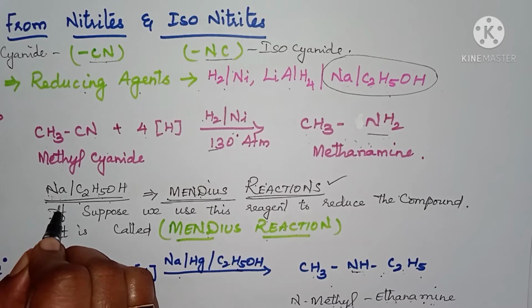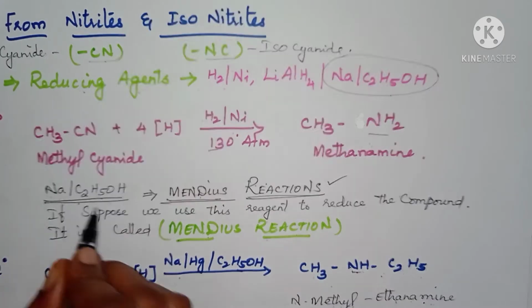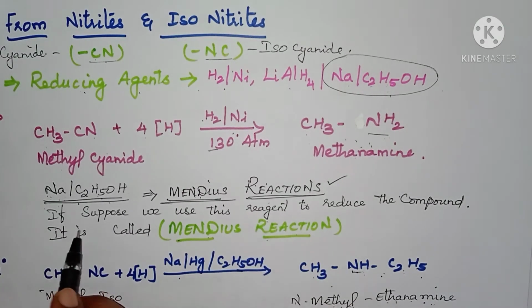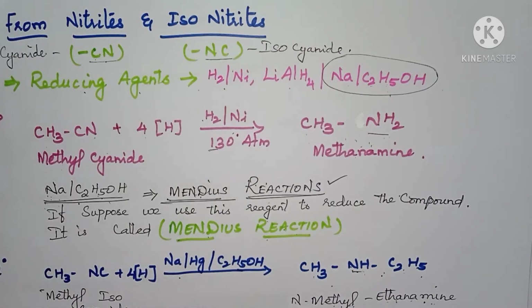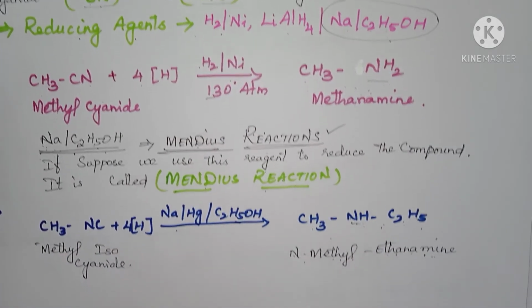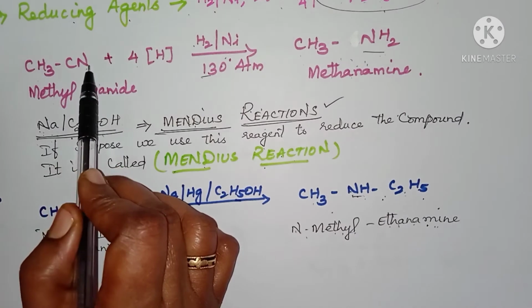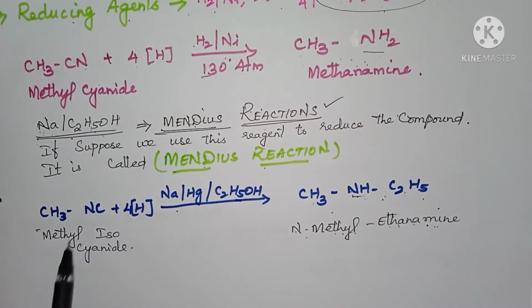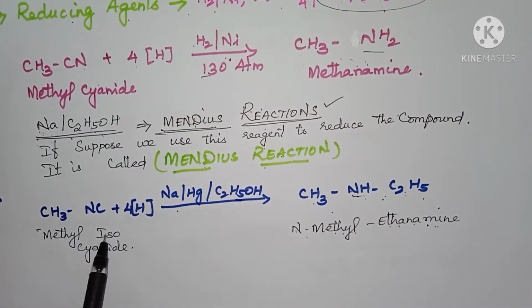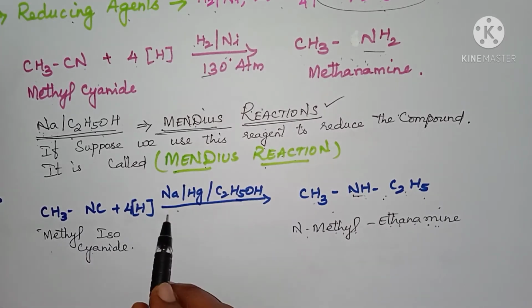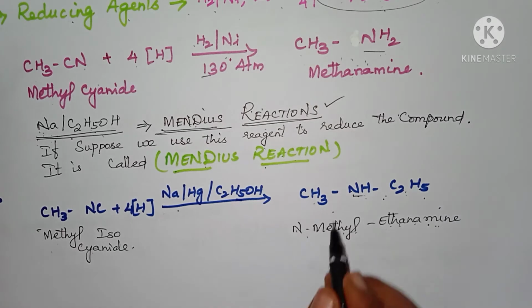So ethyl alcohol with sodium is actually the Mendius reaction. What is the reactant here? Here, for a change, we are using methyl isocyanide. Methyl isocyanide undergoes that reduction process.